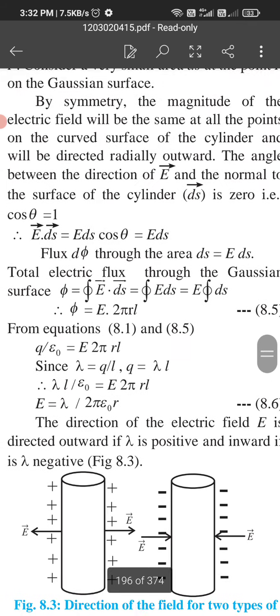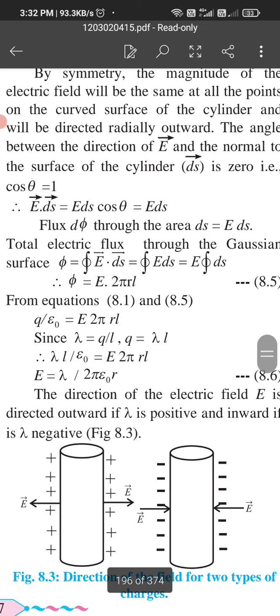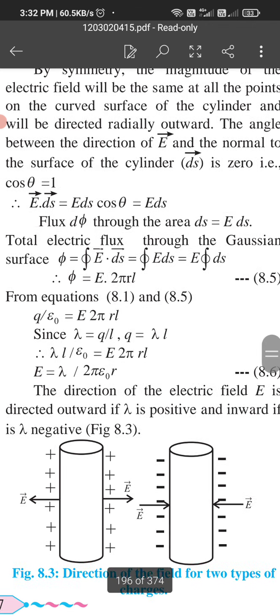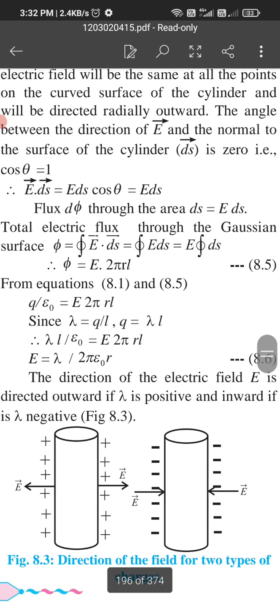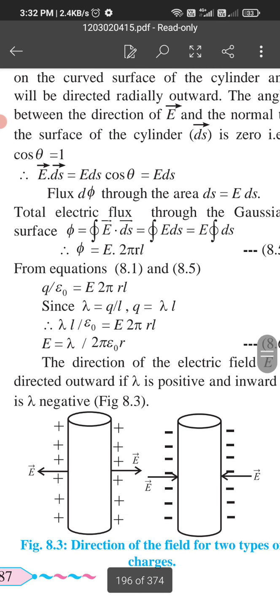The direction of electric field E is directed outward if lambda is positive and inward if lambda is negative.